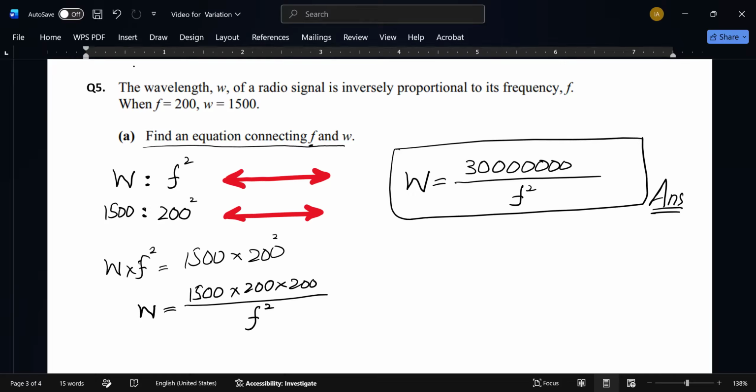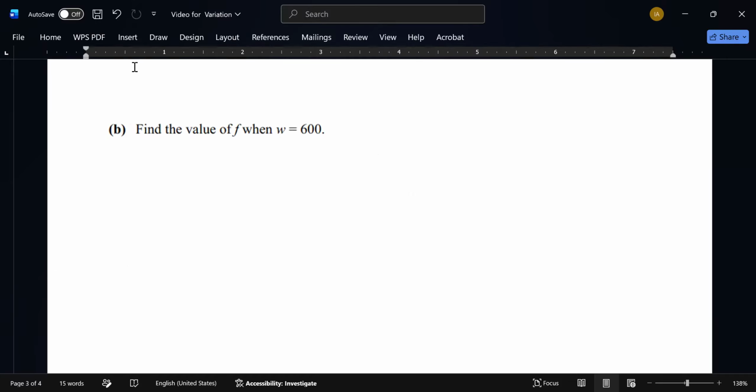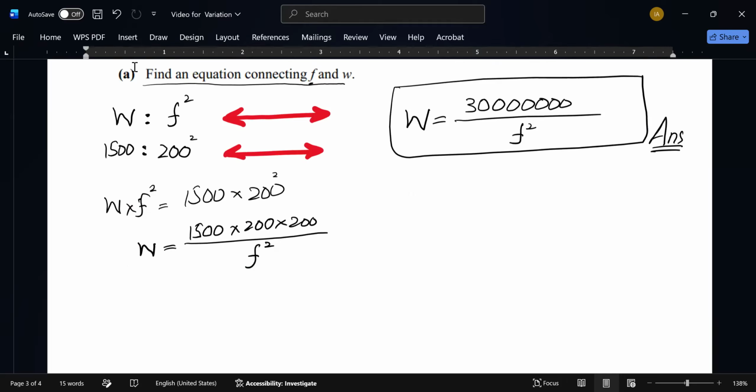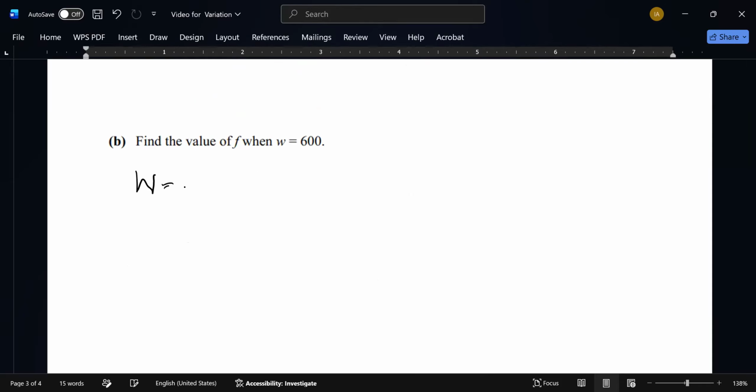The next part, this is part B. In the next part, find the value of F when W is 600. Now we use the equation that we formed in the previous part. Let's write down the equation. This is the equation. Substitute the value W as 600.